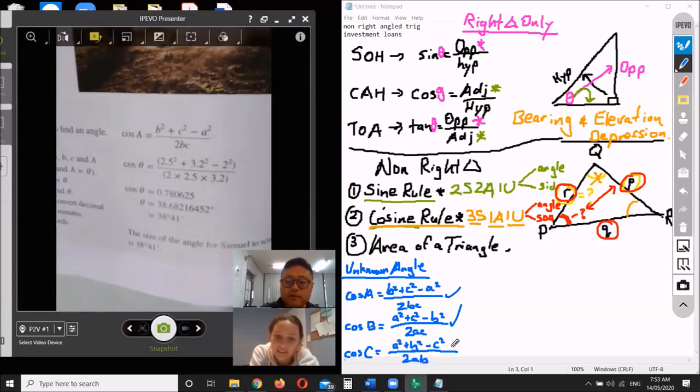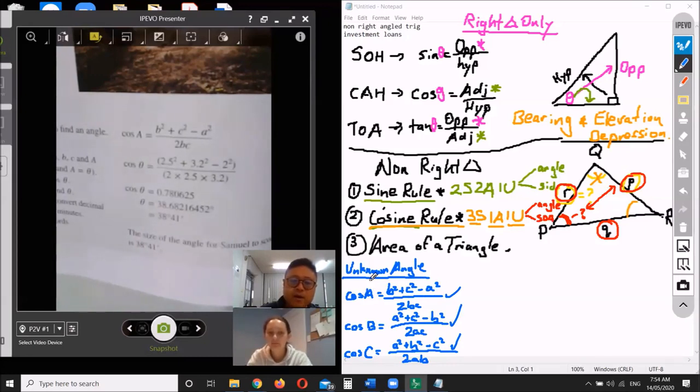So the reason why I said I don't want to confuse you, and now you're not going to be confused, is that people will see a situation where they see A, B, and C, but the letters that you put in might not be the same A, B, and C on the triangle. It just depends on which side or which angle is unknown.